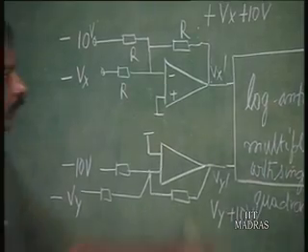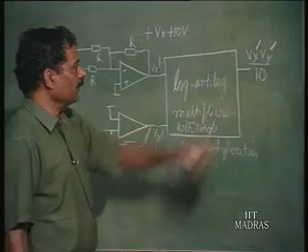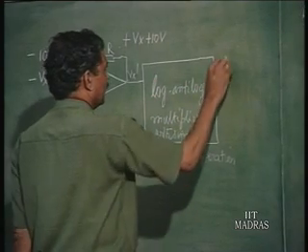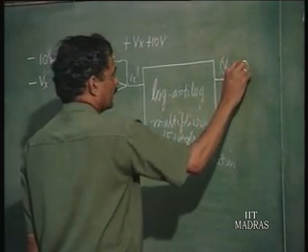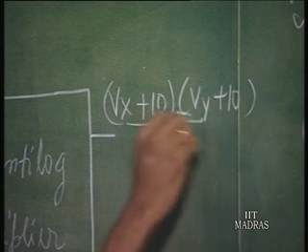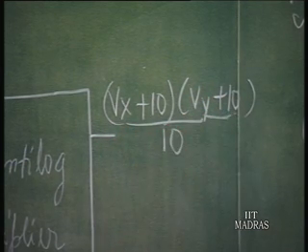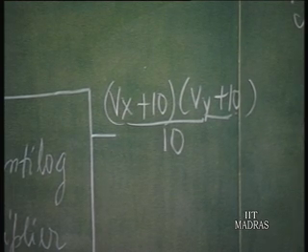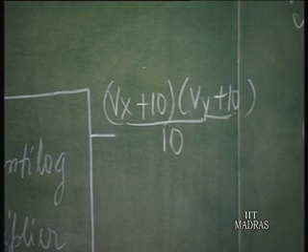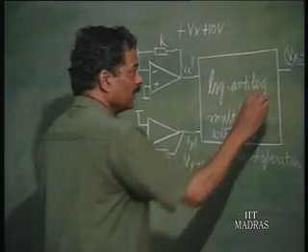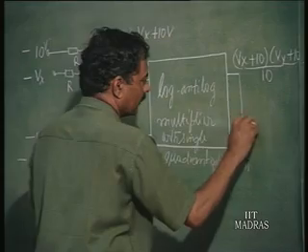So, now output is Vx' Vy' by 10 volts, which is essentially equal to (Vx plus 10) into (Vy plus 10) divided by 10, which as I told you earlier has the wanted component of Vx Vy by 10, and x feed through of Vx and y feed through of Vy and a DC offset of 10 volts, which has to be deducted from this.